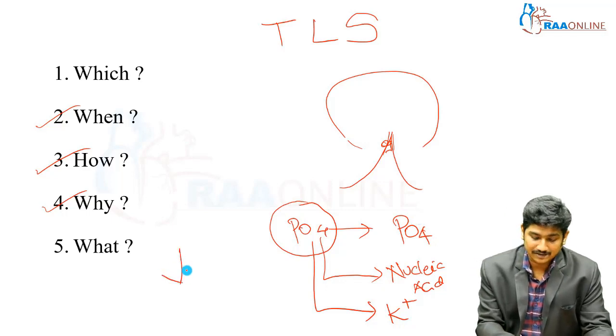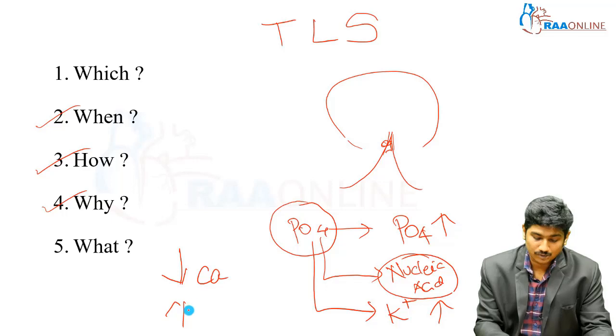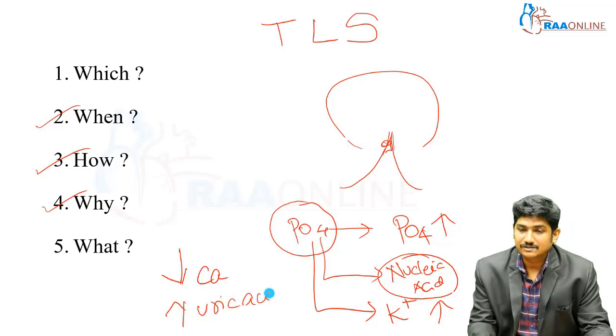So there will be low calcium, high phosphate and high potassium. Eventually this nucleic acid will also get metabolized into hypoxanthine, xanthine and ultimately uric acid. So there will be more uric acid. Okay, so increase in uric acid, decrease in calcium, increase in phosphate, increase in potassium is what actually happens when the cell lyses.